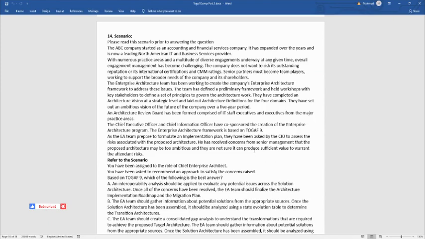The team has identified a preliminary framework and held workshops with stakeholders to define key principles to govern the architecture. They have completed an architecture vision at a strategic level and laid out an architecture definition for the first phase. They have set out an ambitious vision of the future of the company over a 5 year period.